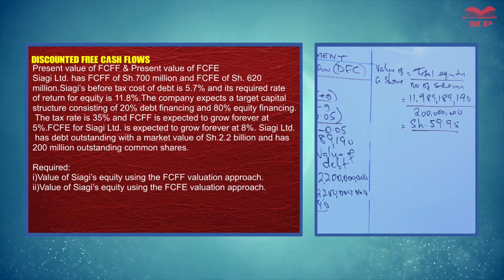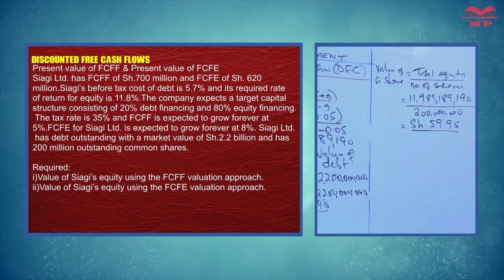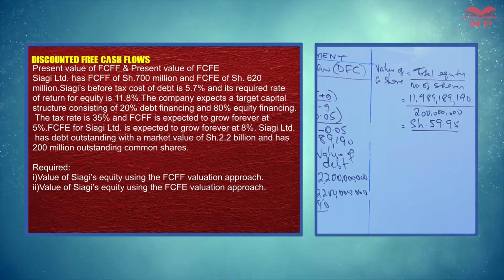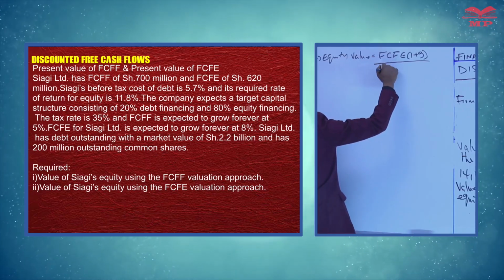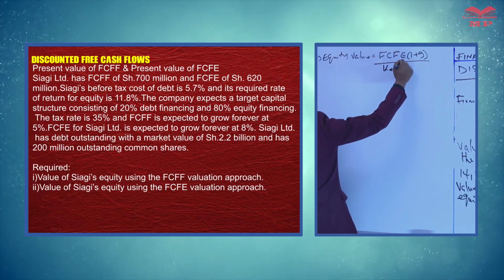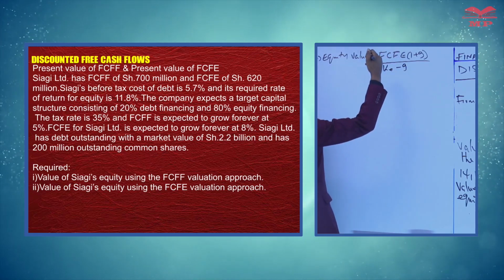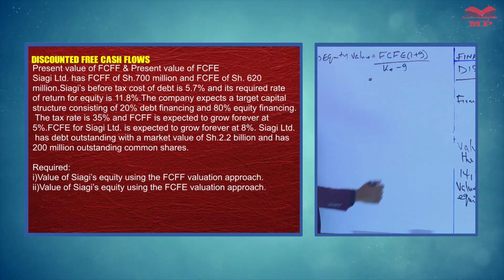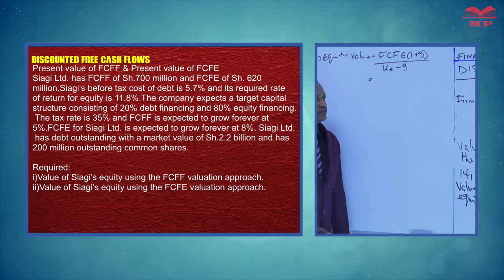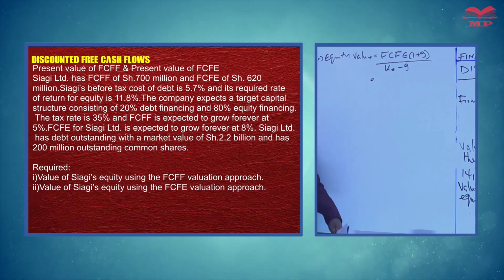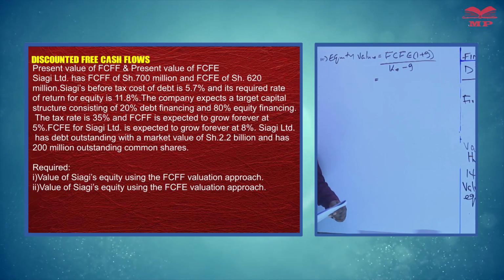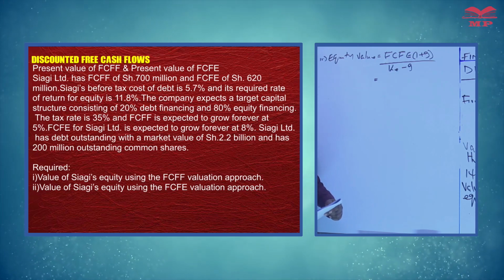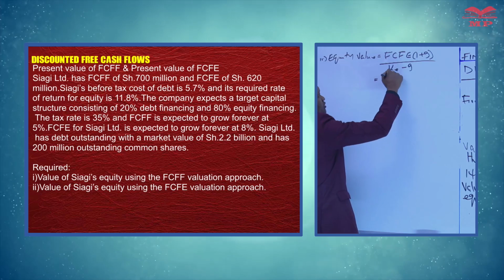The second part of the question: value of Siagi's equity using the free cash flow to equity valuation. Free cash flow to equity. So then, what is the future free cash flow to equity from the question? Free cash flow to equity is 620 million.